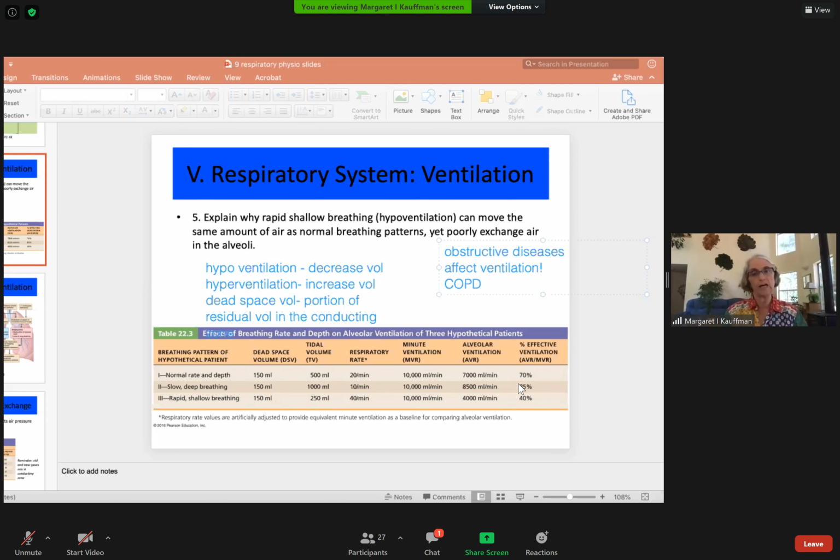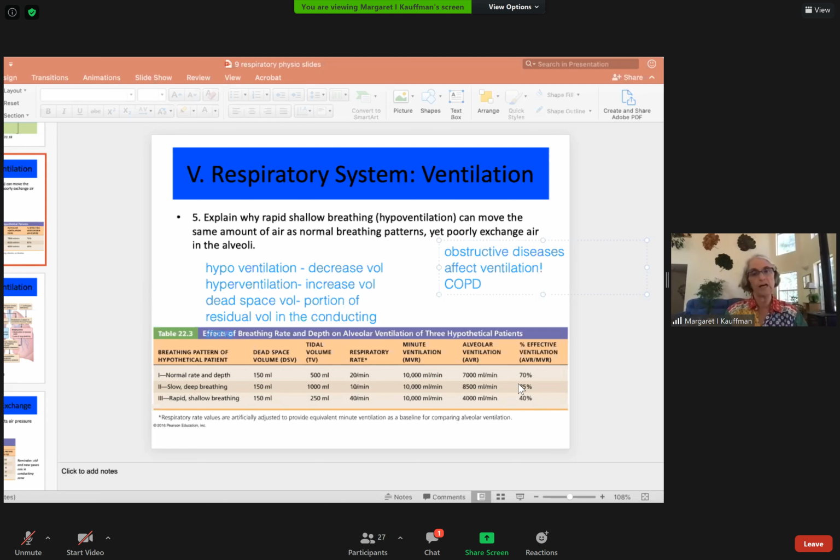Restrictive diseases, as a general rule, mean you have less residual volume overall and less total lung capacity. So we'll come back to that with a handout, but if you have asbestosis and eventually all you get is scar tissue in parts of your lung, there's no more active alveoli, you can't inhale as much.